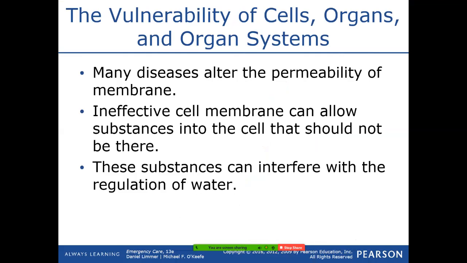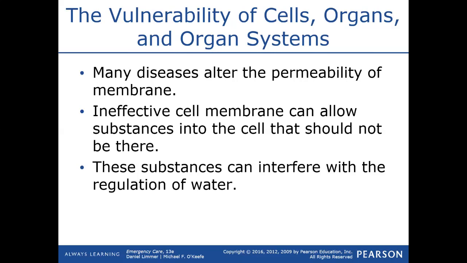Okay. So many diseases can alter the permeability of the membrane. That's the ability to let nutrients and glucose in and out of the cell. Ineffective cell membranes can allow substances into the cell that shouldn't be there. So that protection around the cell actually keeps certain things out.